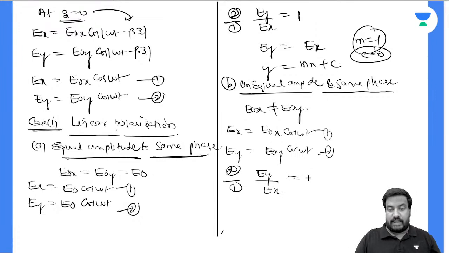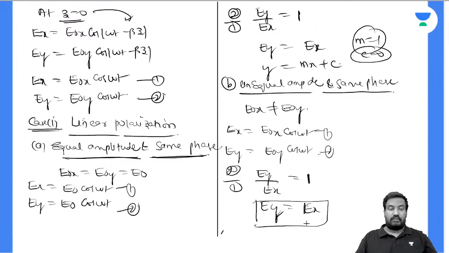Ey by Ex is equal to 1. So that's the second case of linear polarization, unequal amplitude and same phase. Clear?